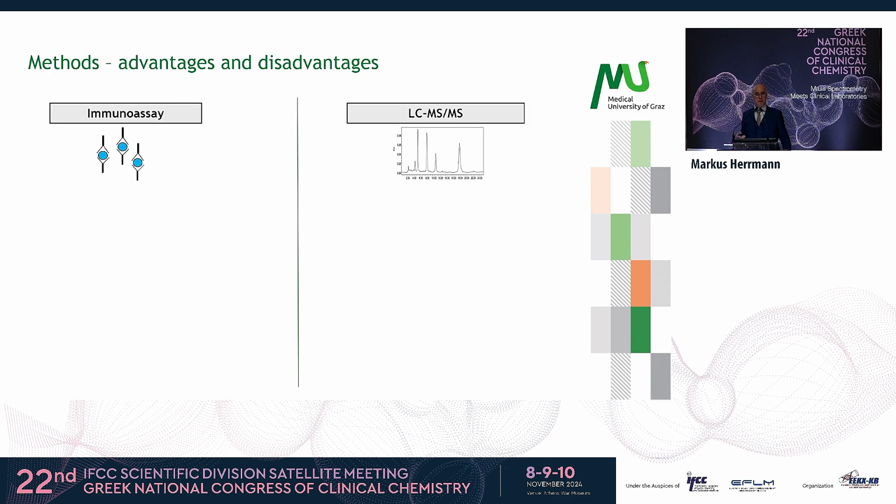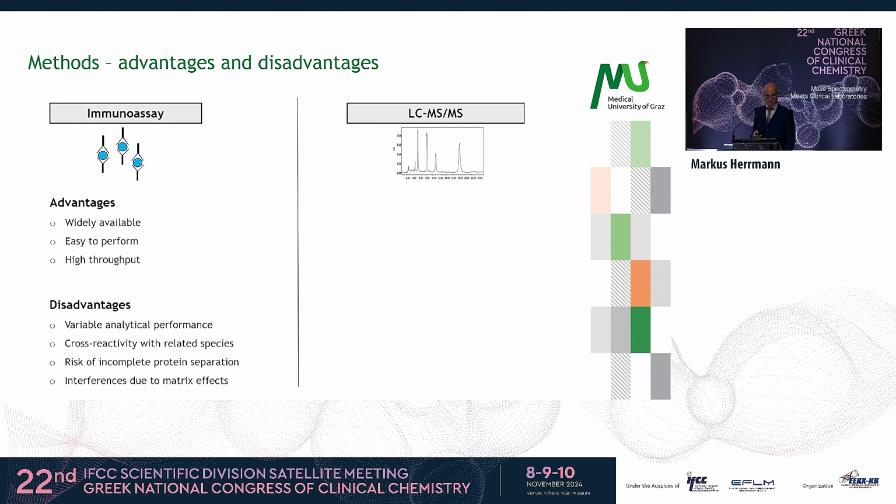Now, as I've just mentioned, and we have heard it repeatedly during this conference, 25-hydroxyvitamin D, as well as many other steroid compounds, can be measured either by immunoassay or by LC-MS/MS. Now, the automated immunoassays have a low cost, are widely available, are easy to perform, and allow high sample throughput. And that's why many laboratories use them. But they offer a highly variable analytical performance.